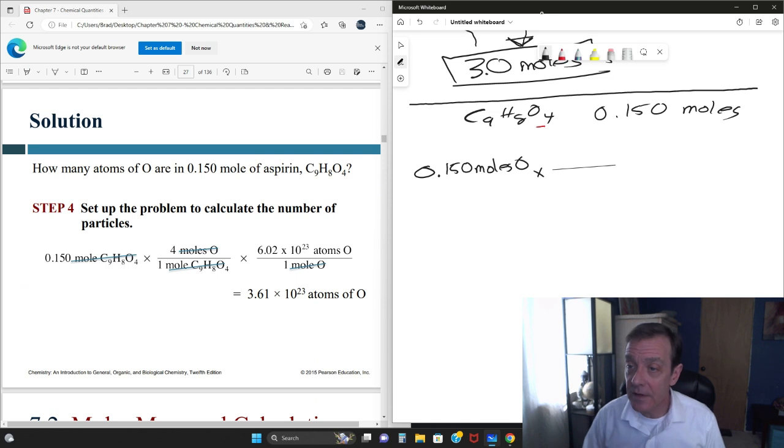So the conversion looks like this. For every 1 mole of aspirin, we have 4 moles of oxygen. Excuse me, moles of acetylsalicylic acid.